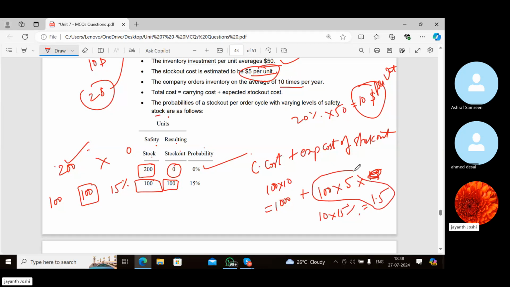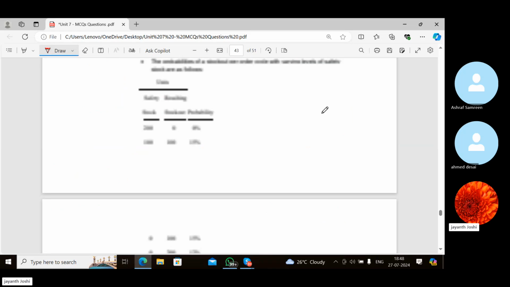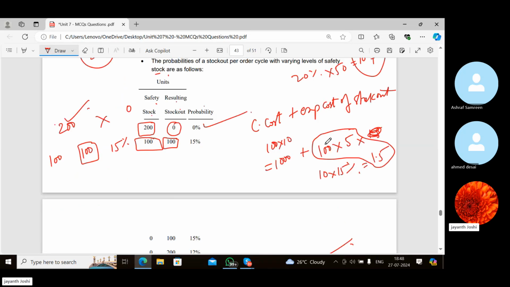We will club all this, so you'll get expected cost of stock out. See what happens. $500 is the stock out cost. And how many orders do you make in a year? And the chance of that also happening is 15%. So 10 orders you make, into 15%, so 1.5 orders almost is going to be stock out.